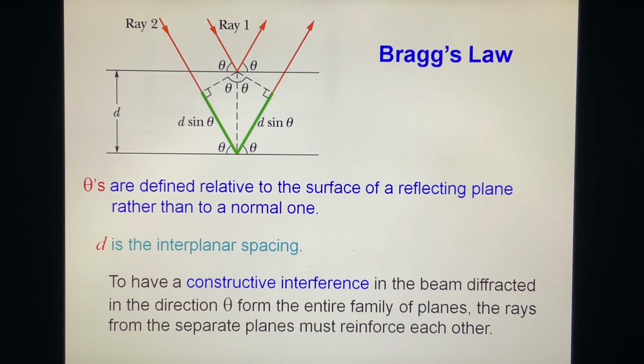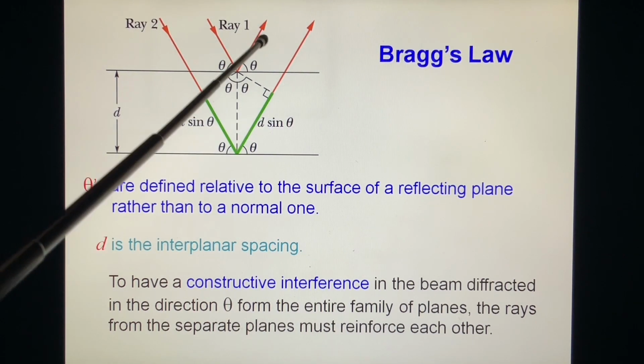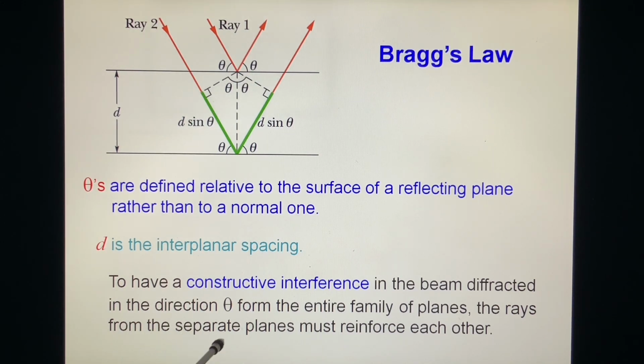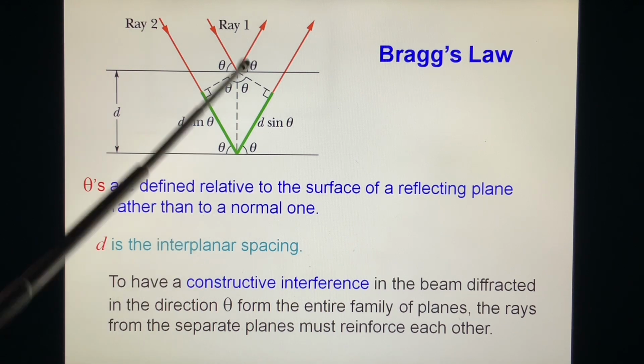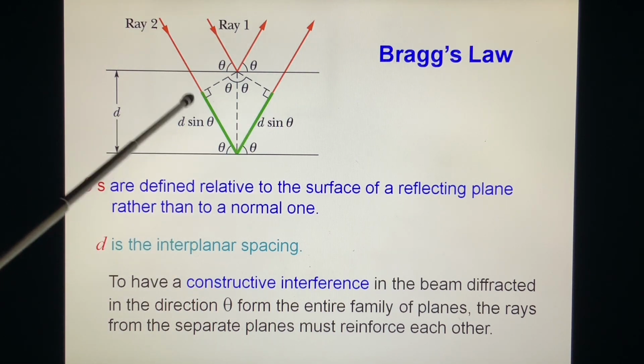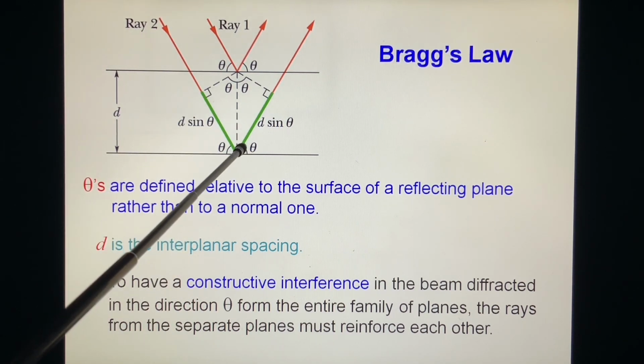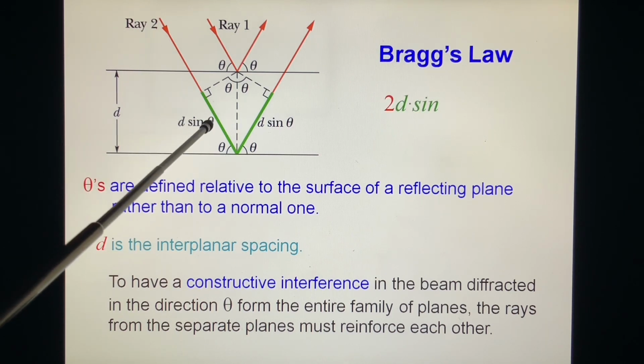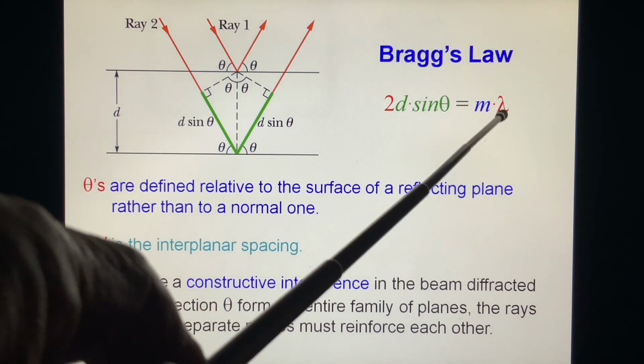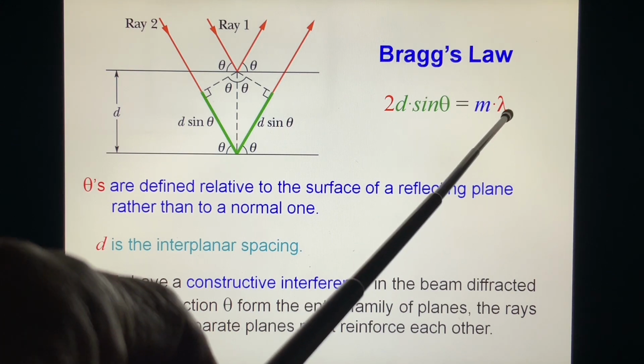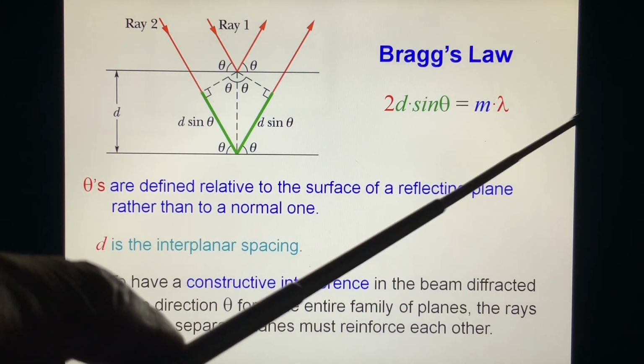To have constructive interference in the beam diffracted in the direction theta from the entire family of planes, the rays from the separate planes must reinforce each other. In other words, the path difference, 2d sine theta, must be an integral number of wavelengths, so they can be in phase too.